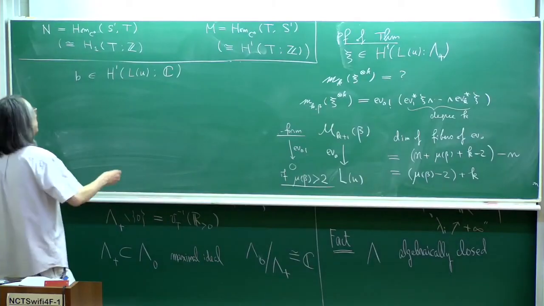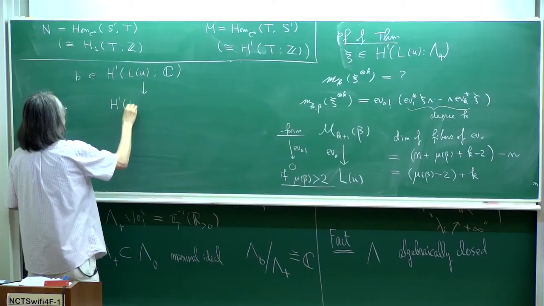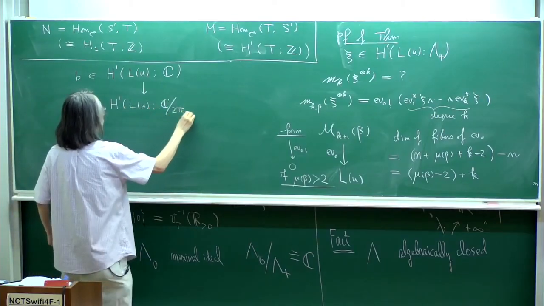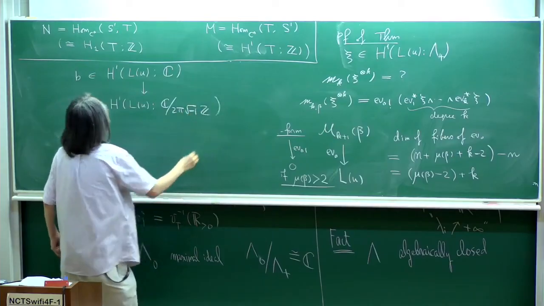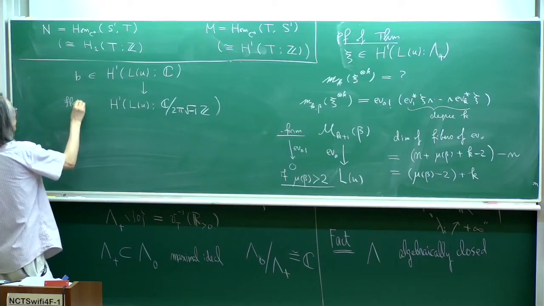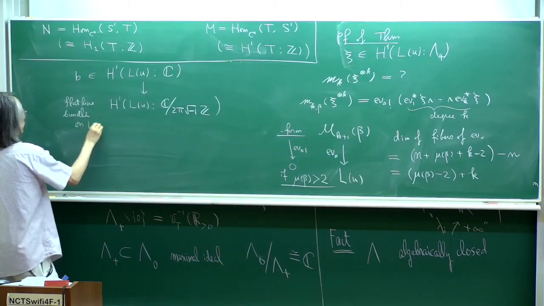So actually maybe if you just consider this H1 of LU and C over 2 pi square root minus 1 of Z, then this b actually corresponds to certain flat line bundles on this LU.